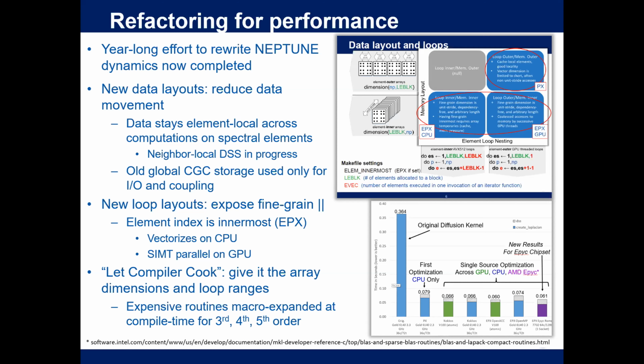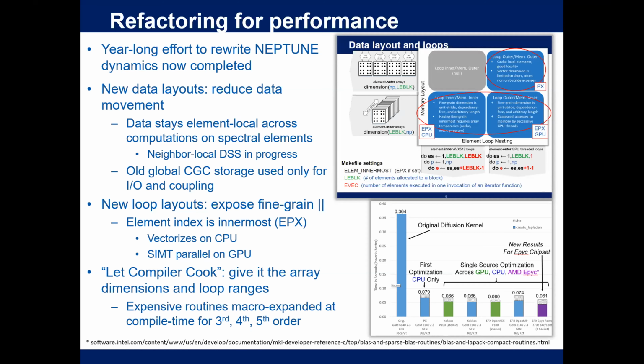But the advantage of doing the fine-grained parallelism over the element dimension is that the element dimension is almost completely dependency-free. We have complete control. We can arbitrarily control the width of these element blocks for whatever architecture we're on.